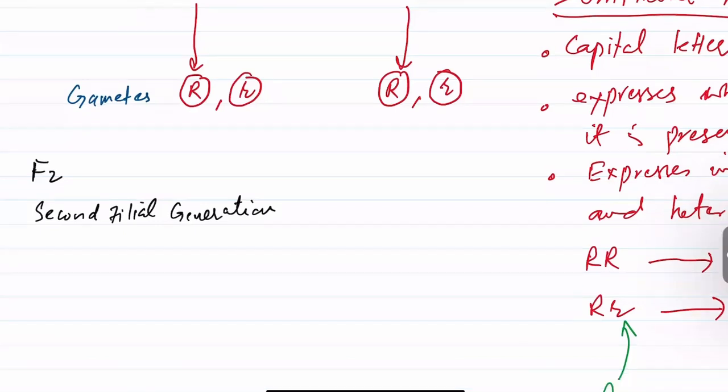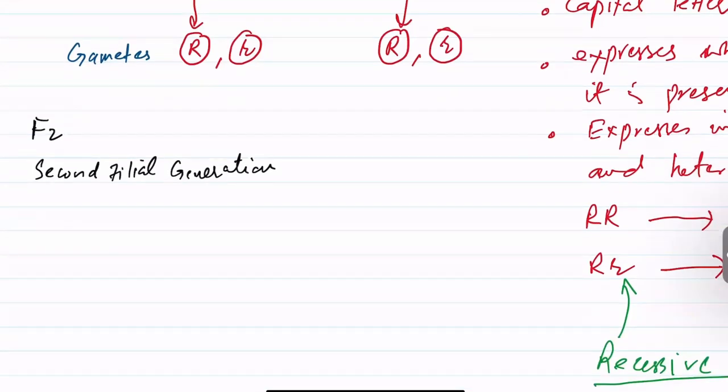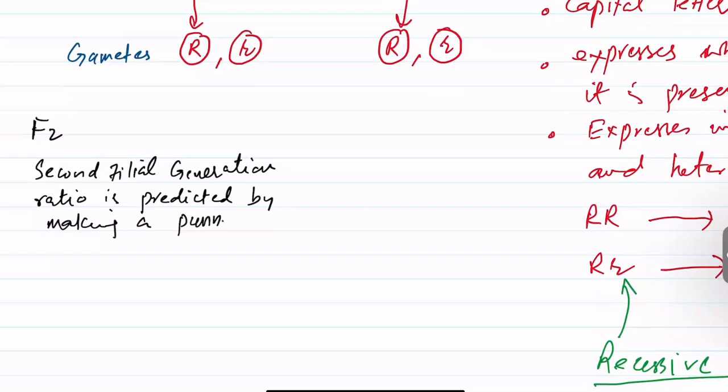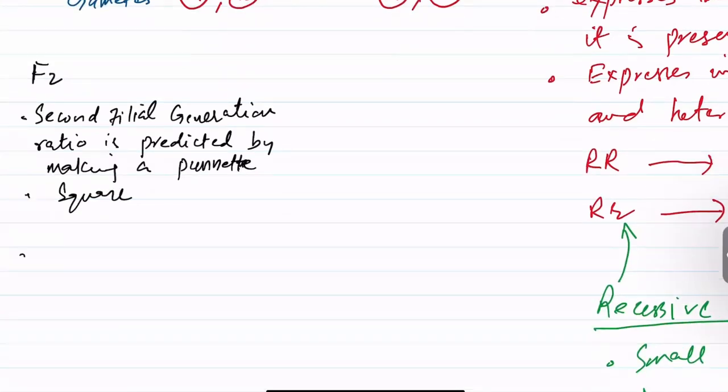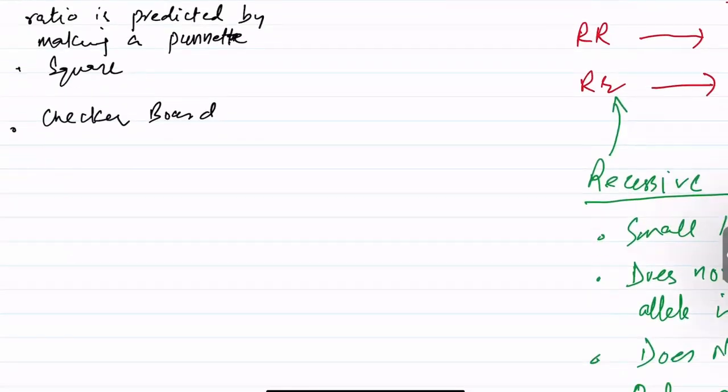Okay. The ratio of F2, the offsprings ratio, obviously, is predicted by making a Punnett square, or you may say checkerboard. Okay. So how do we make a checkerboard?